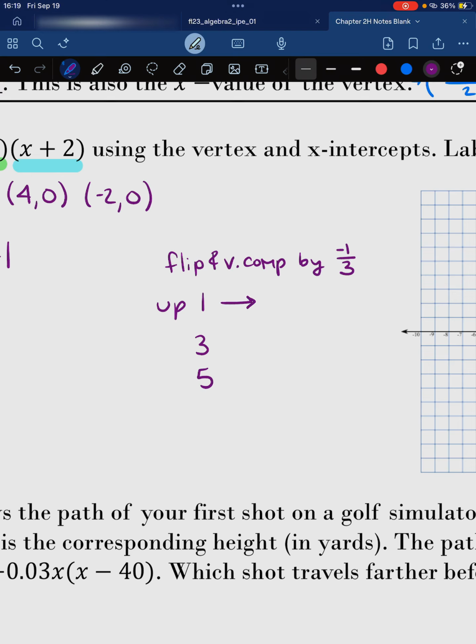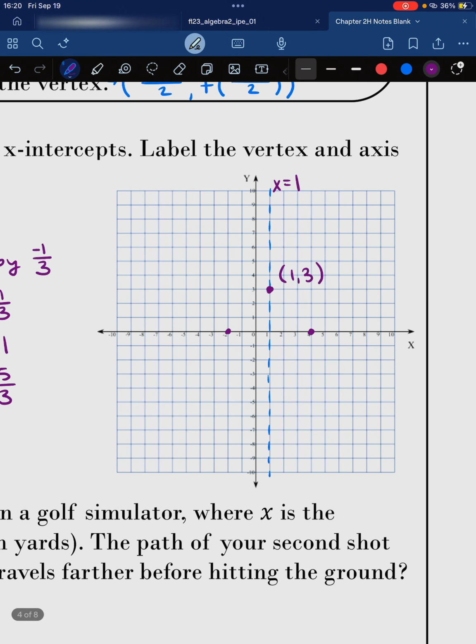Right? So if I multiply each of these by a -1/3, that's going to change the up to a down, or the 1 really into a -1/3. This one's going to change into a -1. This one's going to change into a -5/3, right? So this really emphasizes the negative that I'm going down for these values.